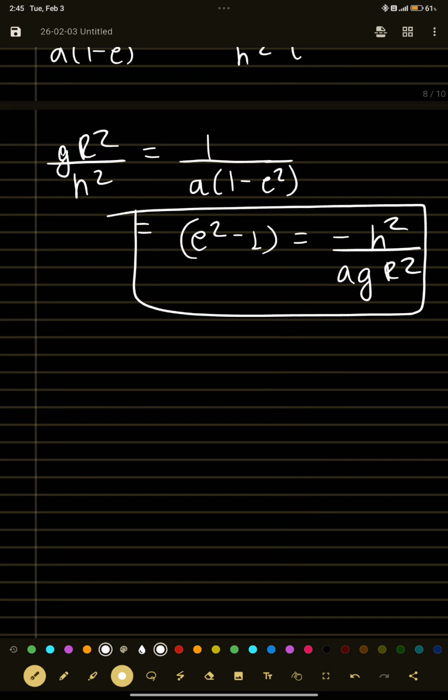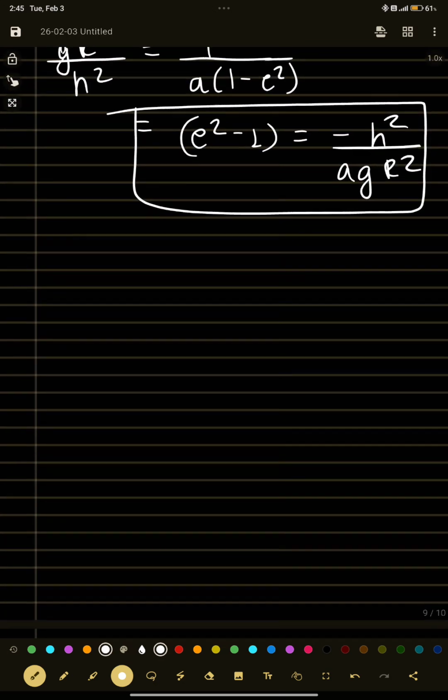Okay. Now what we do here, if you replace this e square minus 1, so you substitute this in 4. You get what you get, e for the ellipse. Tell me the expression.